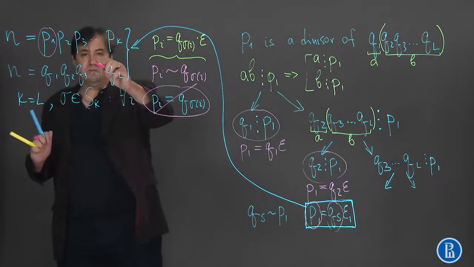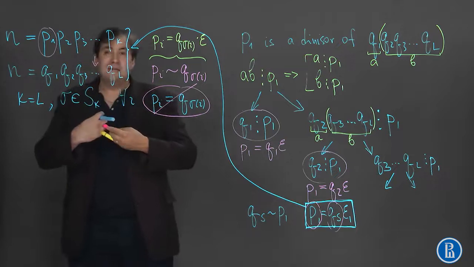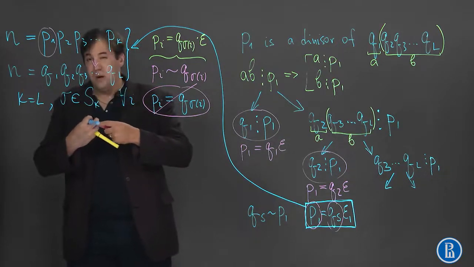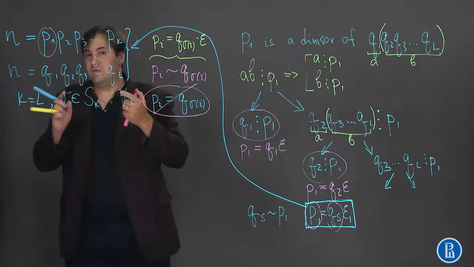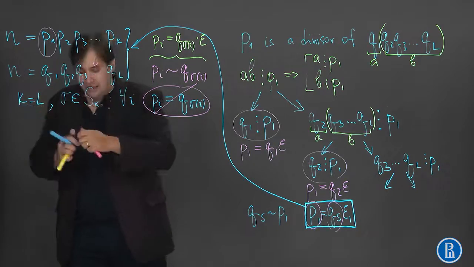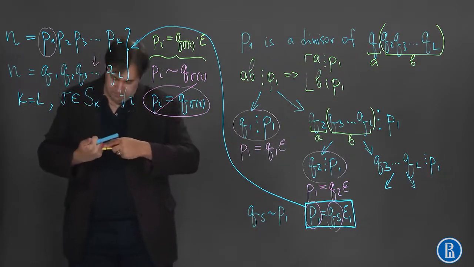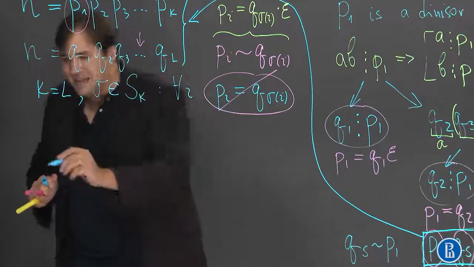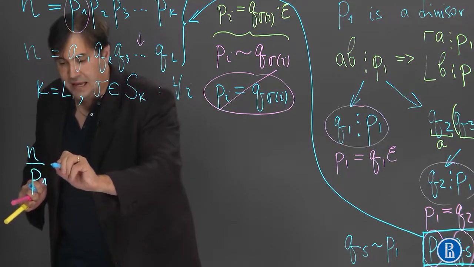Well, somewhere over here, we don't know where. And now we can divide both these decompositions by P1. Well, these are decompositions of the same number n. So simply divide n by P1.